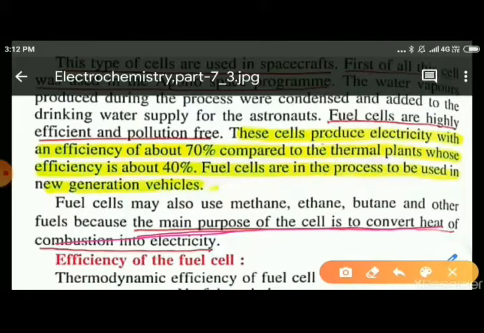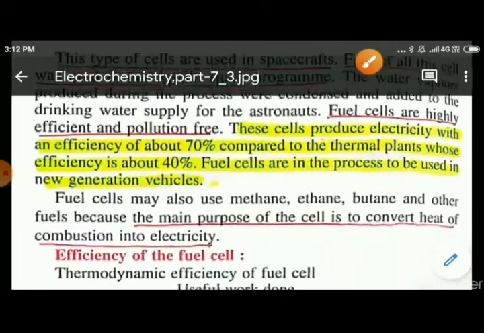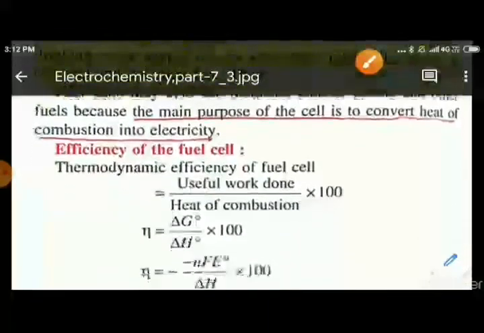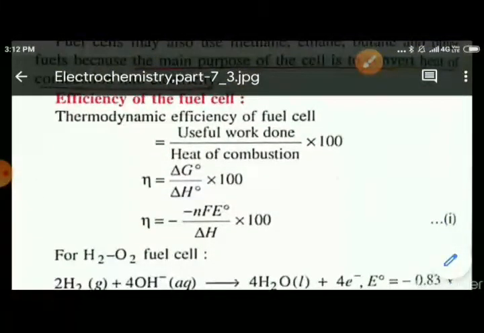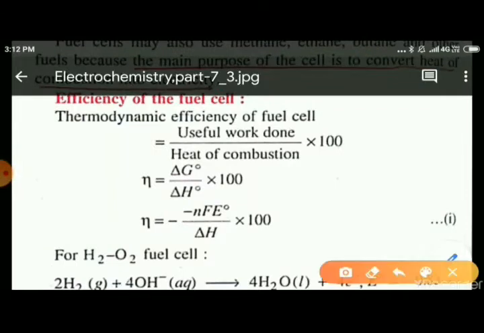Efficiency of fuel cell is equal to useful work done upon heat of combustion, multiplied by 100.